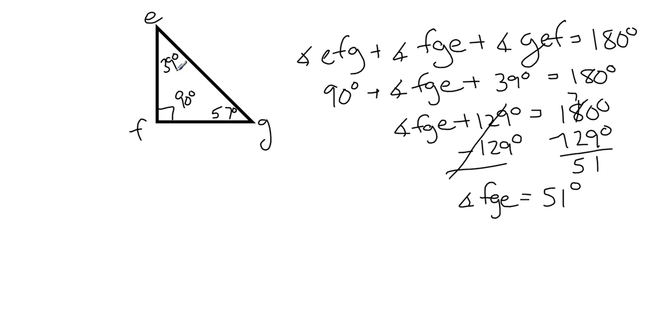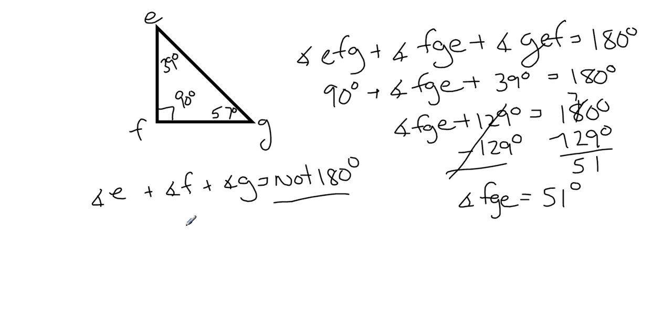If all three of the angles add up to anything other than 180 degrees, it's not a triangle. So if you have angle E plus angle F plus angle G, and they equal something not 180, then you do not have a triangle.